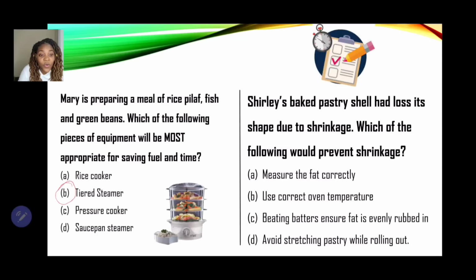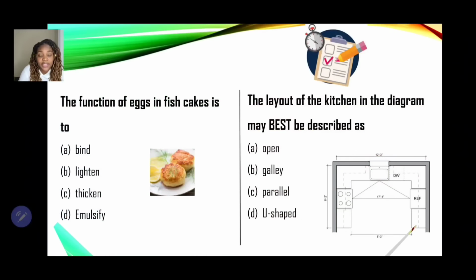And D. Avoid stretching while rolling out. Now the ideal answer there, guys, is D, which is avoid stretching while rolling out. So when the pastry is stretched while rolling out, then the pastry will shrink. The shell will shrink. All right.